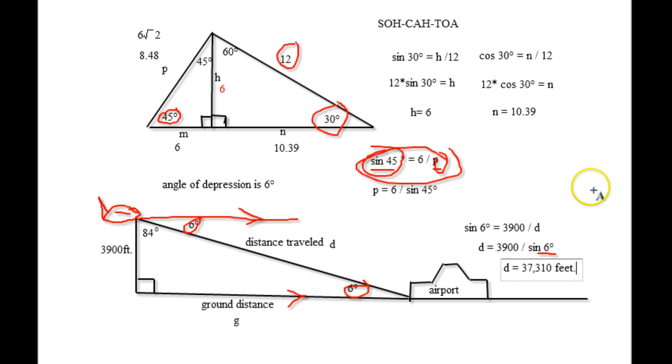So the plane must start its descent a lot further away from the airport than you think it would. I mean, that's probably a couple miles. Let me see, what is that? That is, I think, almost 7 miles at least. 7 miles out from the airport, the plane actually has to start its descent. And that's only at 3,900 feet. If it was up higher, the plane would have to start its descent much earlier.